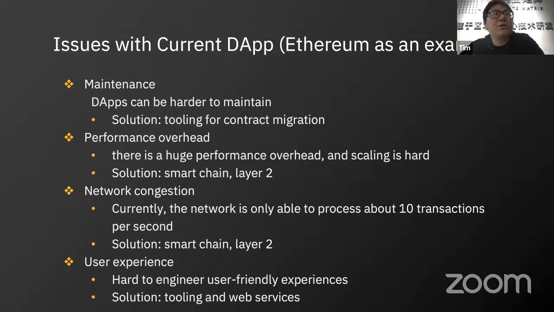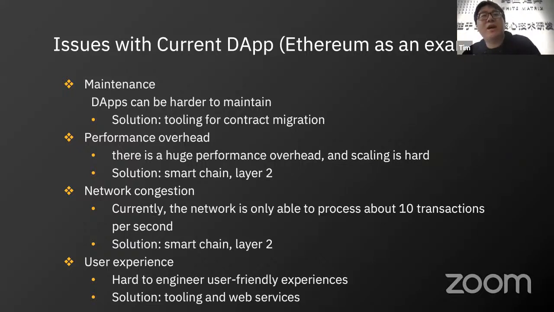Decentralized apps can be harder to maintain because every time you publish your code into the network, it's immutable. So there's no chance for you to do a code commit or a code change to fix a bug. You can only discard this version and publish a new version at a new contract address. That's quite hard to maintain, but there are already tooling solutions for contract migration.